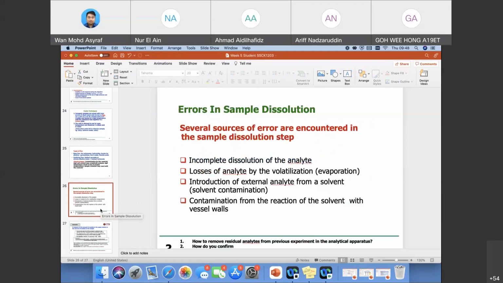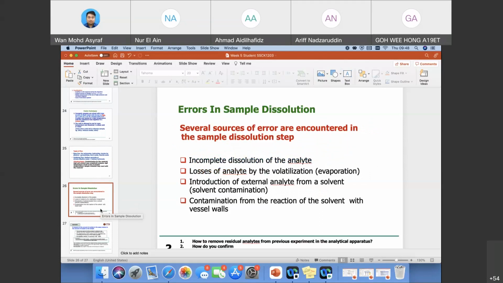And now, the last part, we are going to look at errors in sample dissolution. There are several sources of error which are encountered in the sample dissolution step. First, incomplete dissolution of analytes, which is what I've mentioned before.